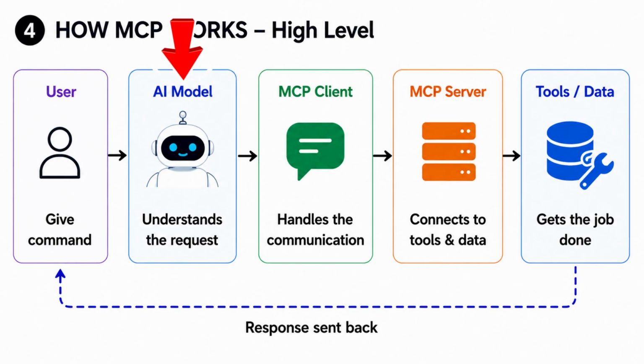In the MCP world, there are three roles: the customer, the waiter, and the kitchen or the chefs. The customer is your AI model. It's hungry. It wants some information. It wants to take actions. It places an order, such as draft an email, read my files, book my meetings. The waiter here is your MCP client. It's the middleman.